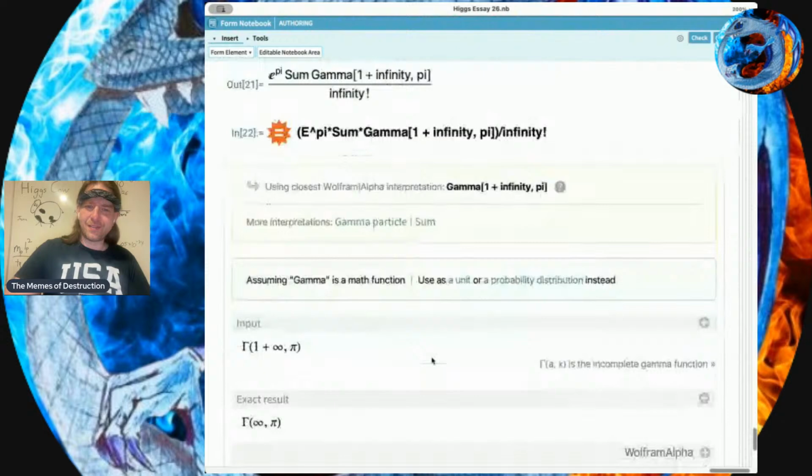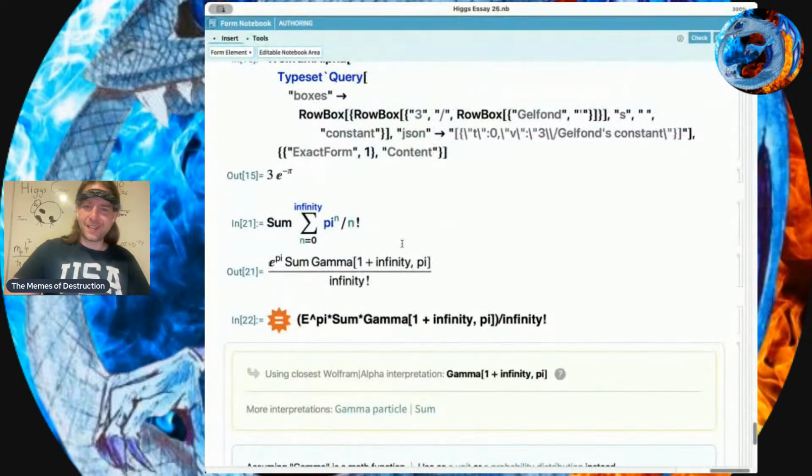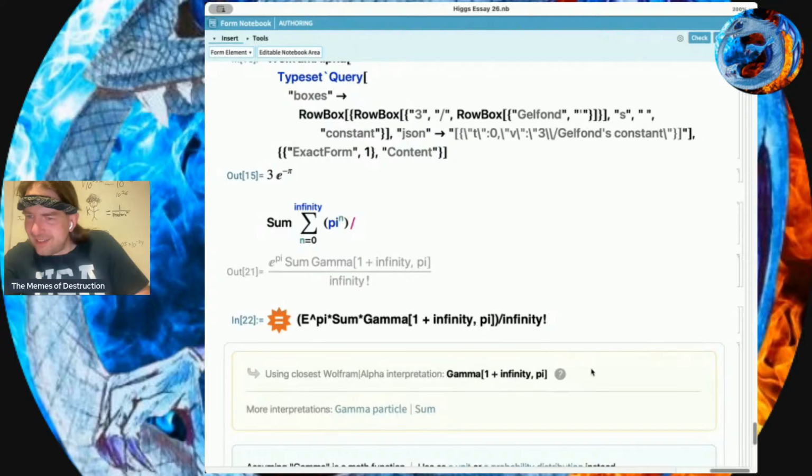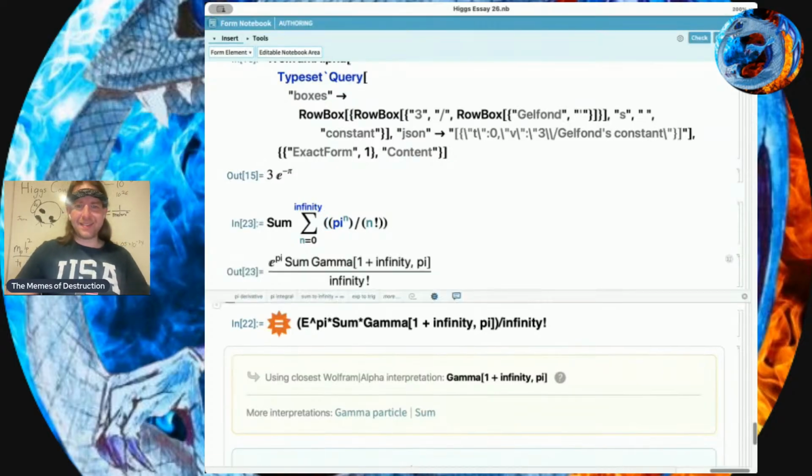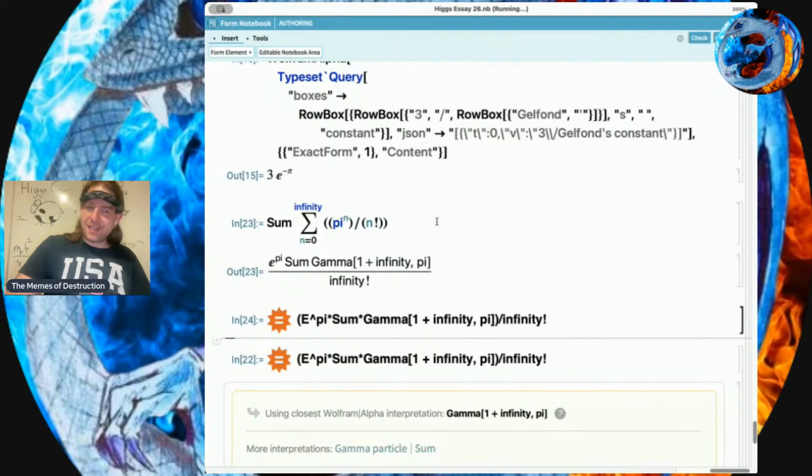Incomplete count. Oh no, didn't work. Let me divide it. I normally just have it go downstairs. Where's my bracket?